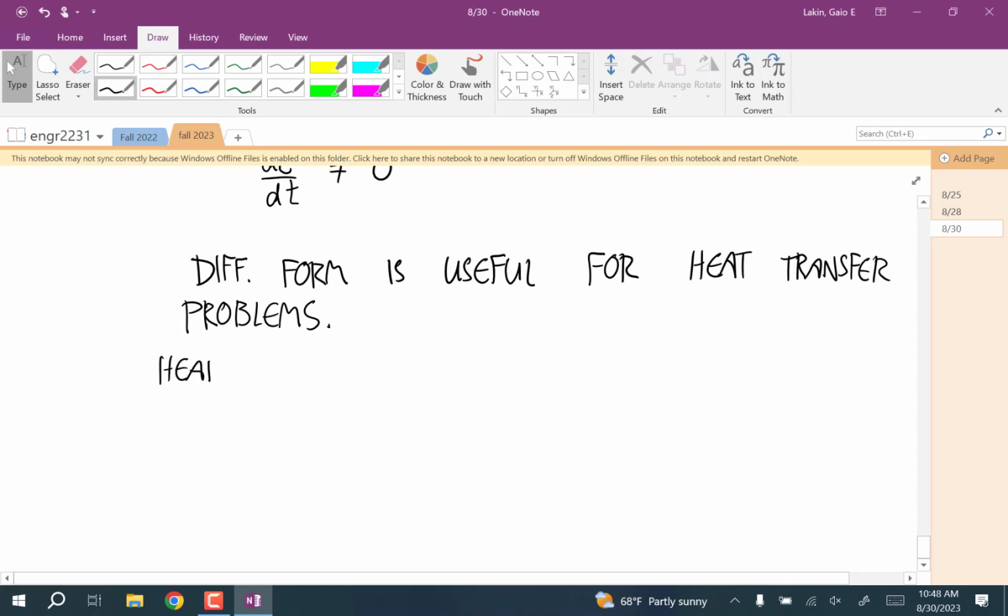And the next thing we're going to do is go into some equations for transferring heat. So for heat transfer calculations, there are three types.